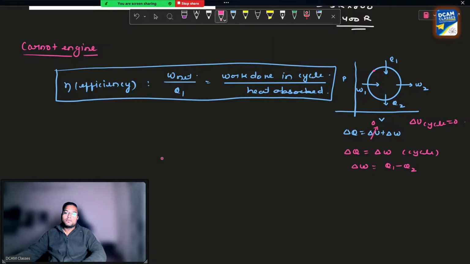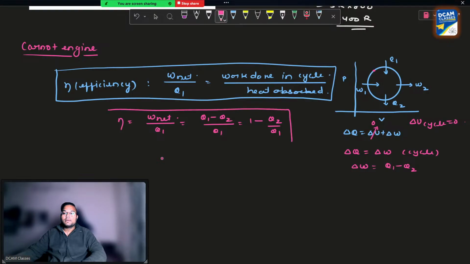So efficiency is equal to W net divided by Q1, the heat absorbed, or Q1 minus Q2 divided by Q1, or simply 1 minus Q2 by Q1. These are all the possible formulas for the efficiency of an engine.